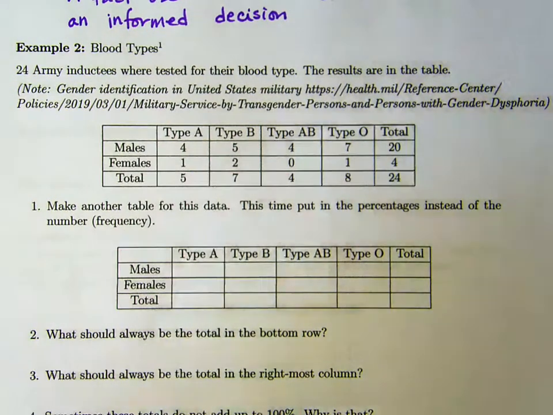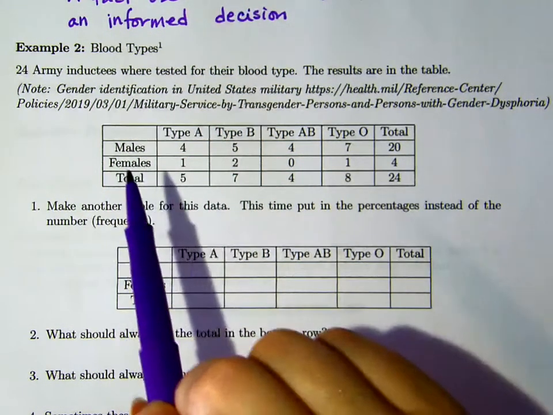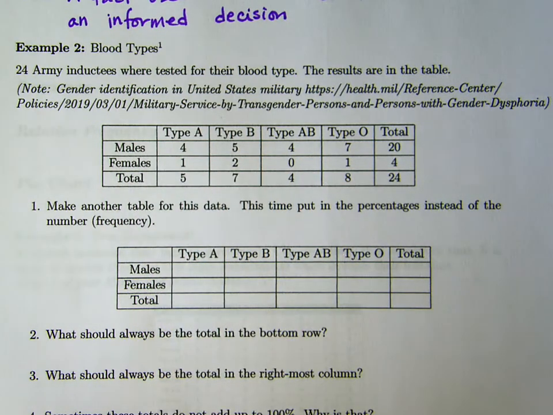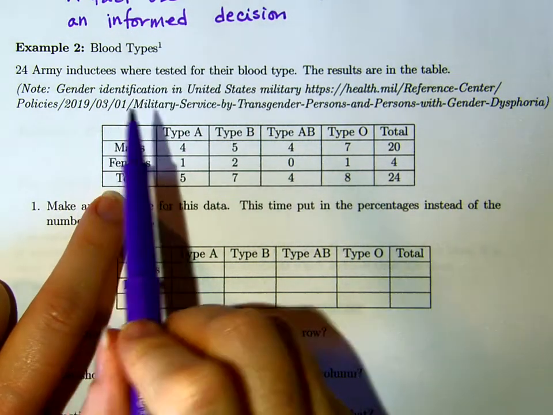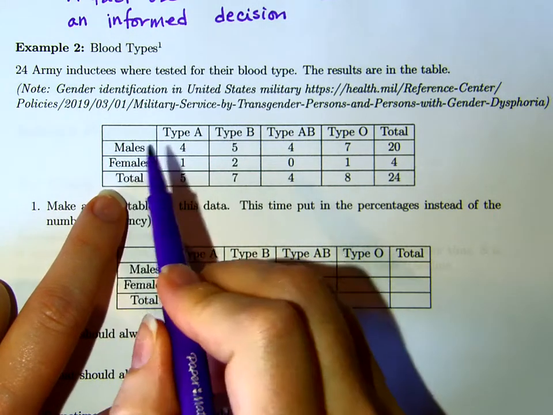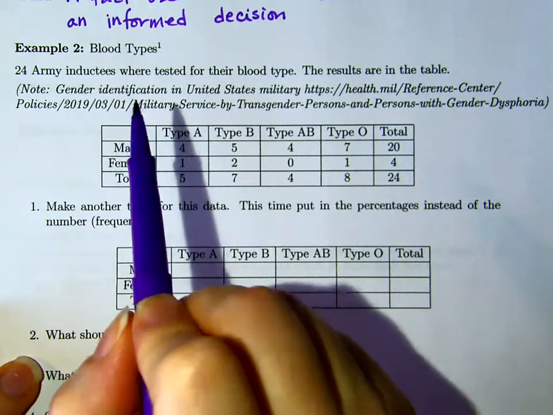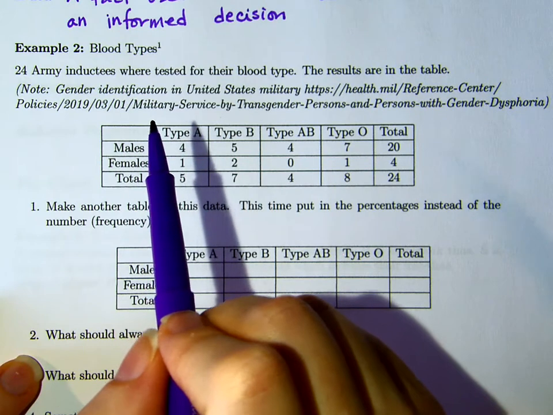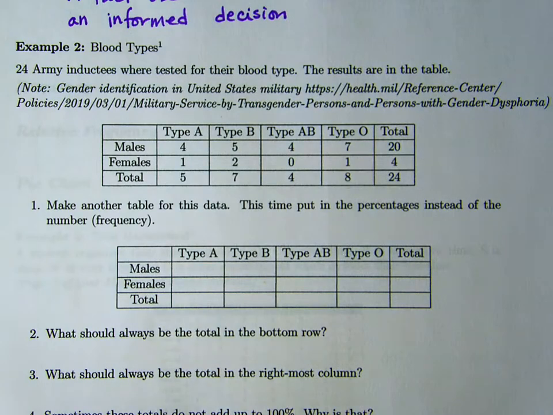24 Army inductees were tested for their blood type. The results are in this table. Now, I want to give a quick shout out to all of the people who are not necessarily gender binary, and I must say that the U.S. military actually does break this into 2 categories, males and females, and there are very specific details on how they separate and base their gender identities.